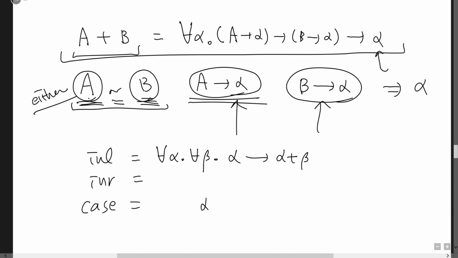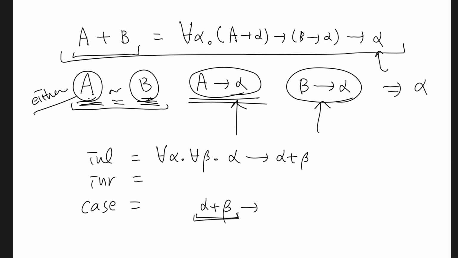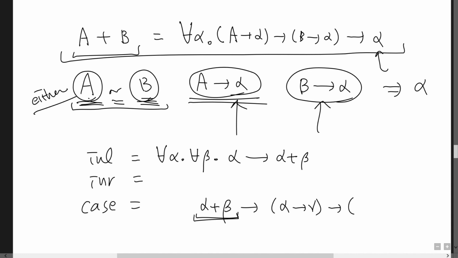If you have alpha plus beta sum type, then in order to use this value, you have to provide two functions: what to do when you have a value of type alpha, and what to do when you have beta.